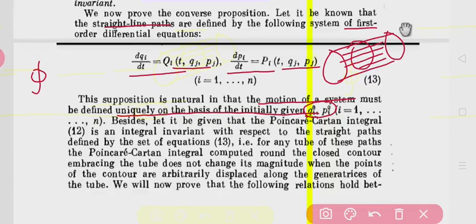That integral was the summation of pi delta qi minus h delta t, taken along the closed curve around the tube.